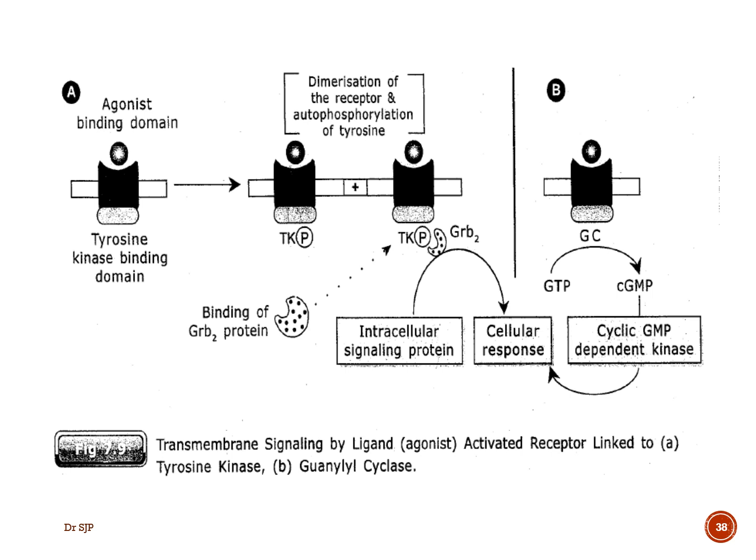So when I say tyrosine kinase, these are the receptors for insulin and various other growth factors. And when I say guanylate cyclase, they are the receptors for ANP, that is your atrial natriuretic peptide. Now both these receptors, that are ligand, or you can say agonist, activated transmembrane enzymes, have this catalytic activity.